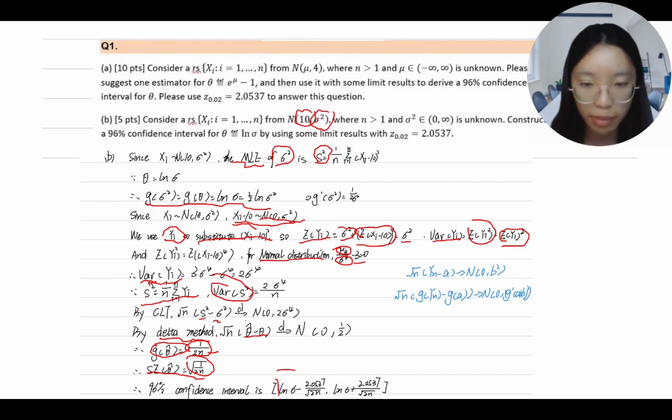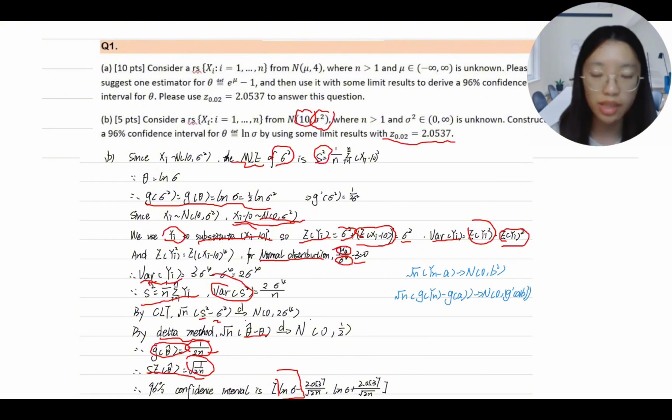Just like part A, you can divide it into two parts. The first part is the expression of sigma, and the second part is the standard error multiplied by the z. Okay, this is question 1.